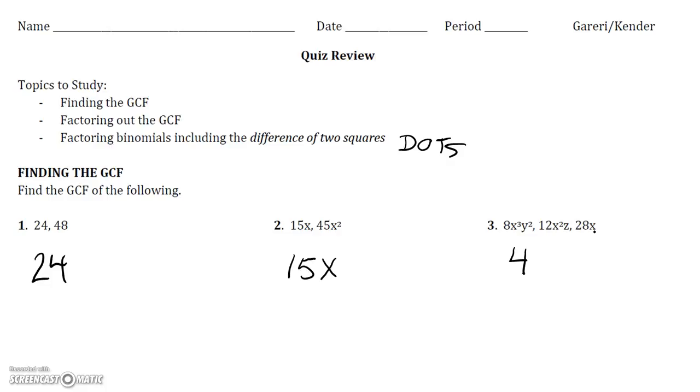So they all only share an x. Alright, now looking at the y's. This one has y squared, and these two don't have y's, so they don't share any y's. And now the z's. Only the middle term here has a z, so they don't share that either. Therefore, the GCF is 4x.